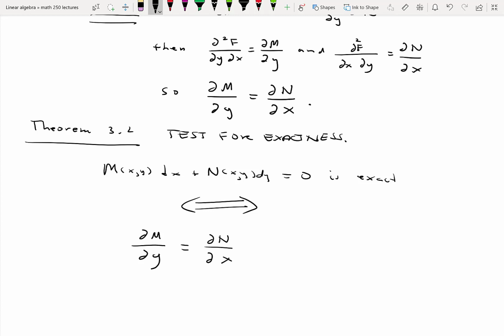If that's true, the differential equation is exact. Then you can use the method that I haven't shown you yet for going backwards and getting the solution.